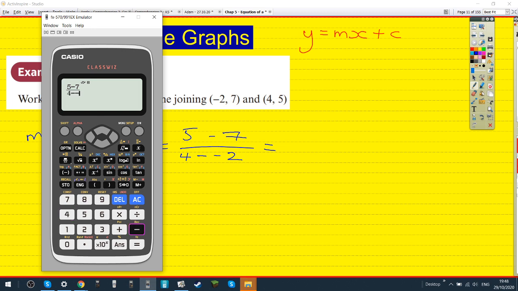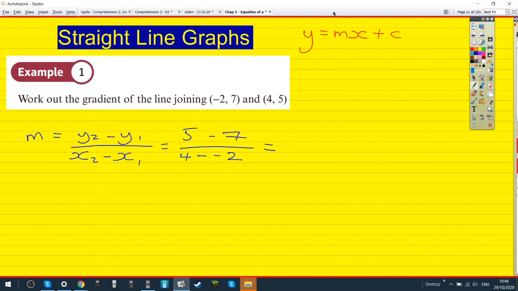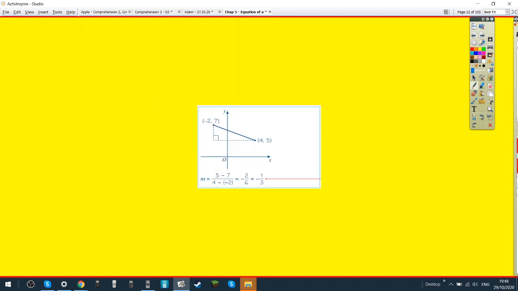Yeah, I just let the calculator do the work, to be honest. Here you go. I got minus a third. So then we're substituting that into y equals mx plus c? Or does it only want the gradient? It only asked for gradient. Let's just give them gradient. Minus a third. There we go.